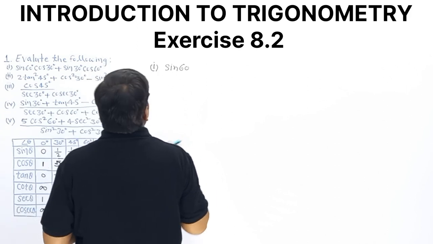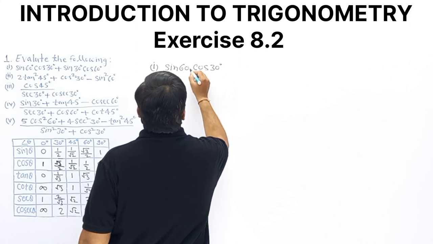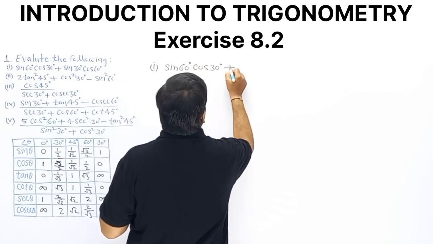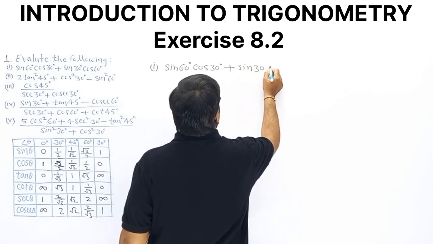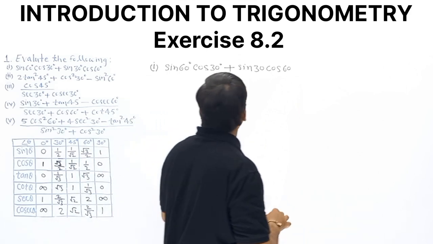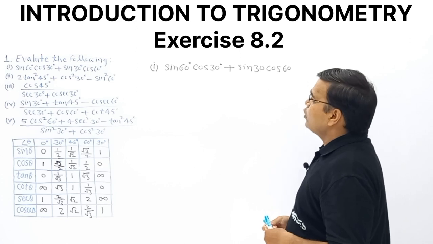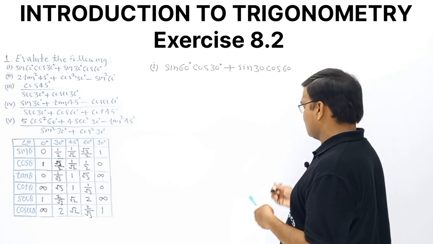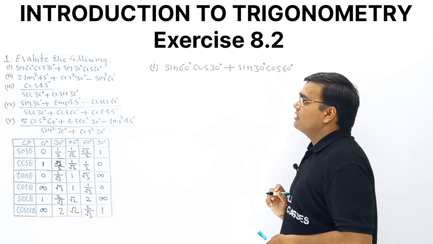Write carefully: sin 60 degree cos 30 degree plus sin 30 degree cos 60 degree.